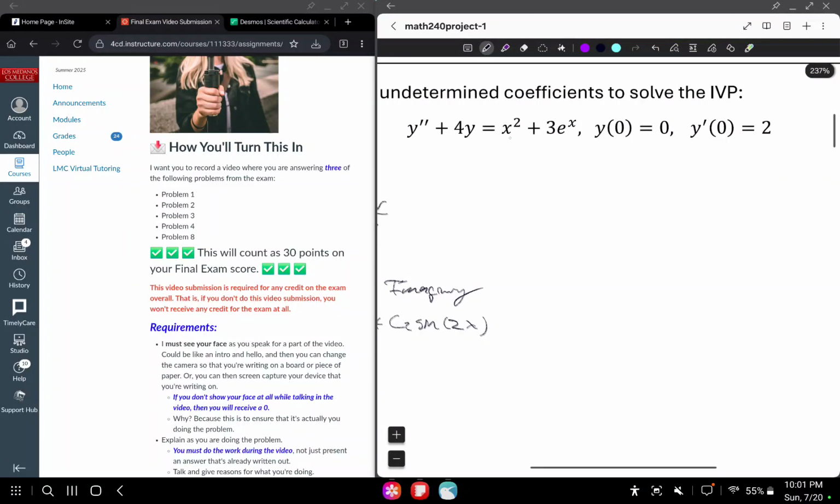Over here, on the right hand side we have a quadratic and we have an exponential, so we'll be doing two trial solutions for this one.